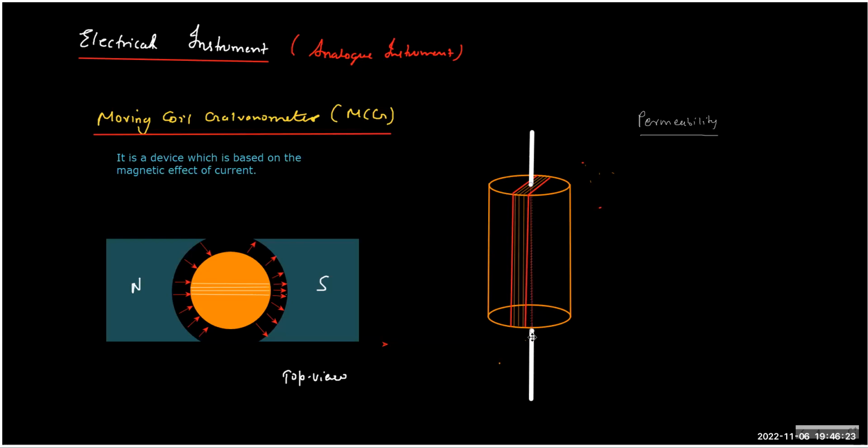In a way, this entire iron core is mounted on this spindle, and the spindle is fixed at the bottom in a container, and the top of the spindle is attached to a needle, a pointer, and this is what you see exactly.